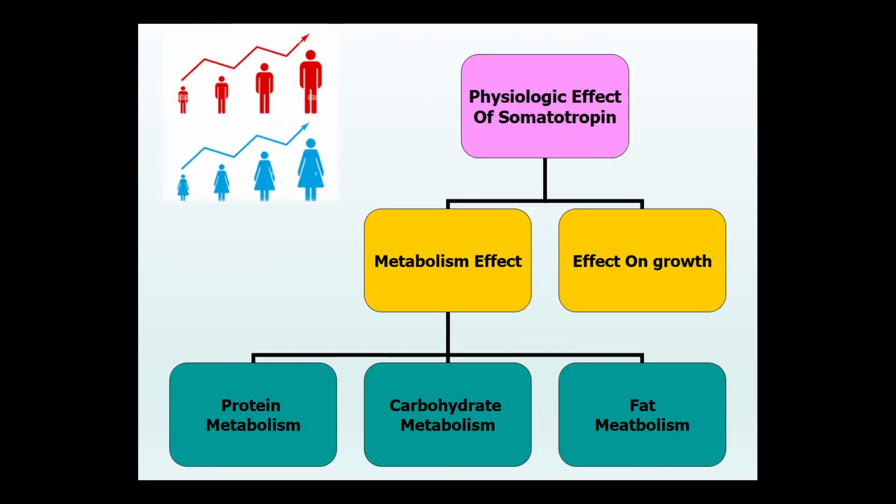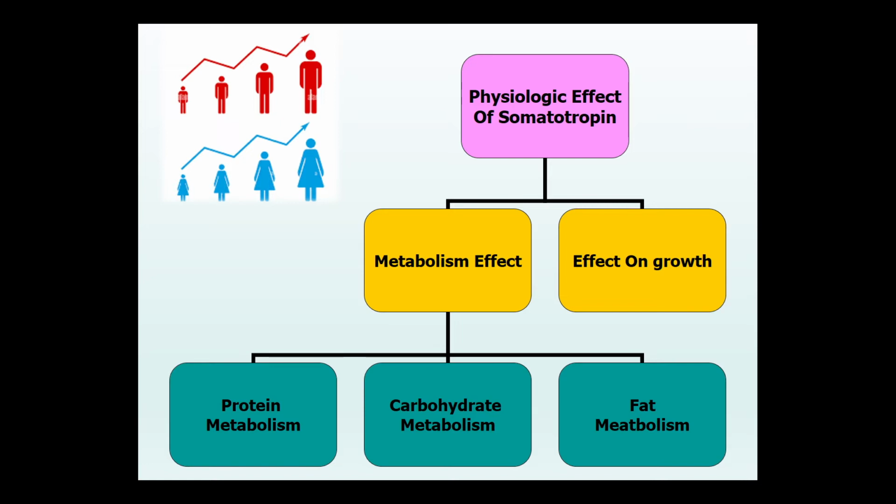If we talk about the effect of growth hormone on the growth of our body, insulin-like growth factor 1 stimulates proliferation of chondrocytes, cartilage cells, resulting in bone growth. Growth hormone does seem to have a direct effect on bone growth by stimulating differentiation of the chondrocytes.